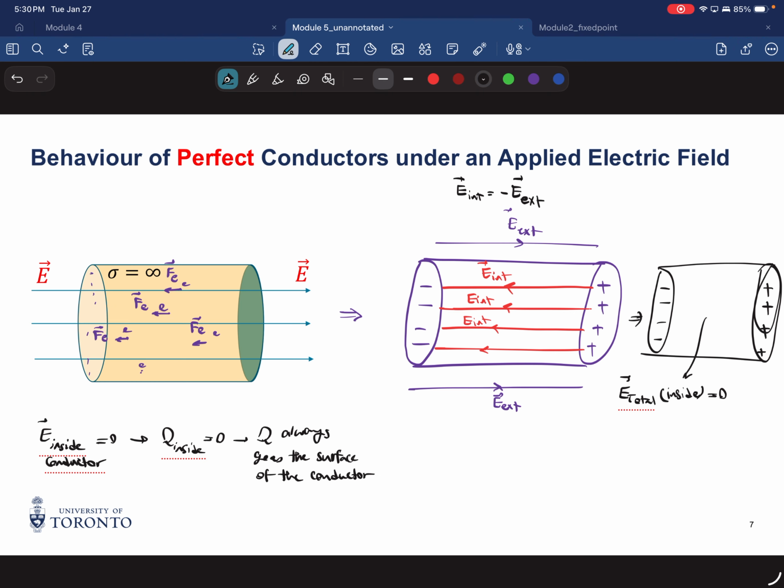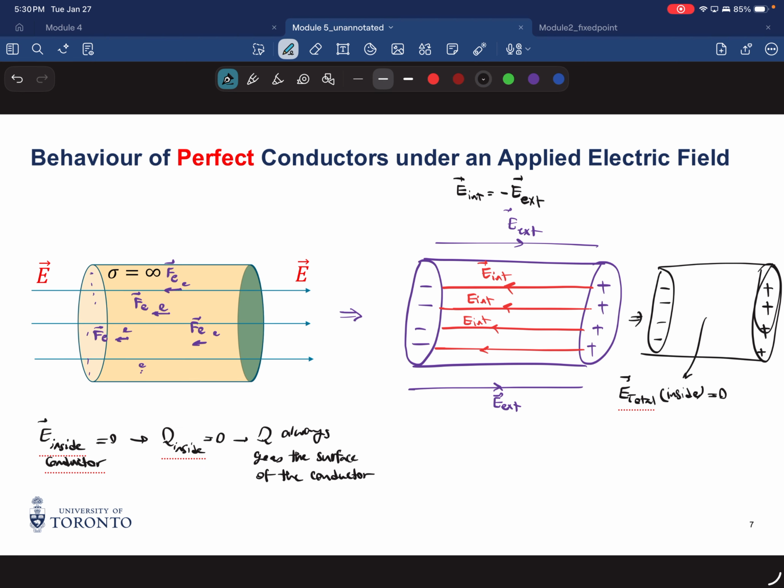Every time you try to inject some charges into a conductor, it would immediately go to the surface. It distributes itself on the surface. It never goes inside the conductor.